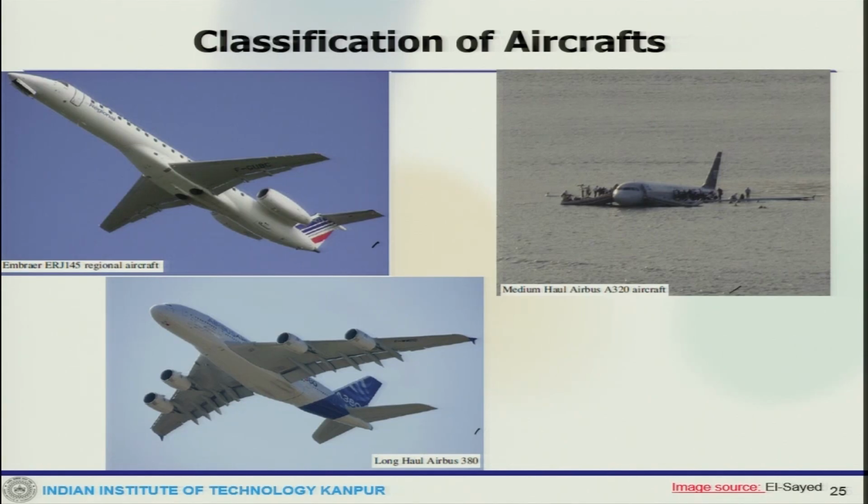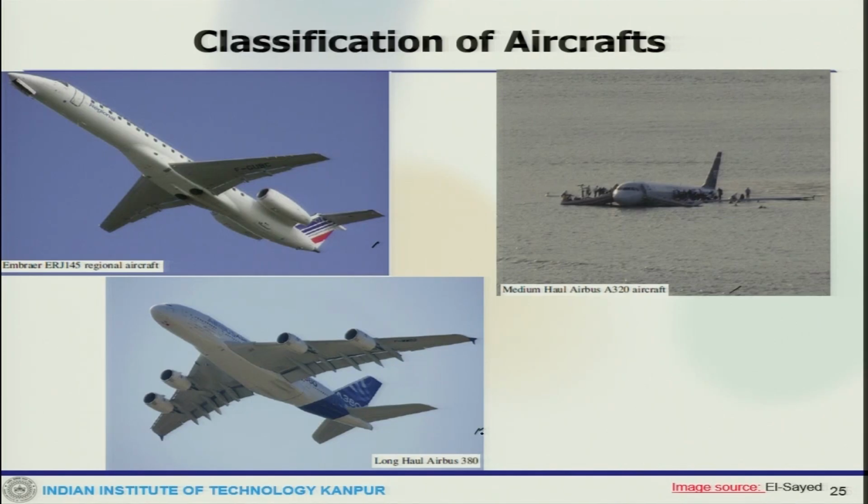Now this is one of the latest developments of Airbus, which is a huge aircraft with more than 500 passenger carrying capacity. It has an upper deck, it has a lower deck, and it's just noteworthy to mention that not all the airports across this world can accommodate this kind of aircraft.